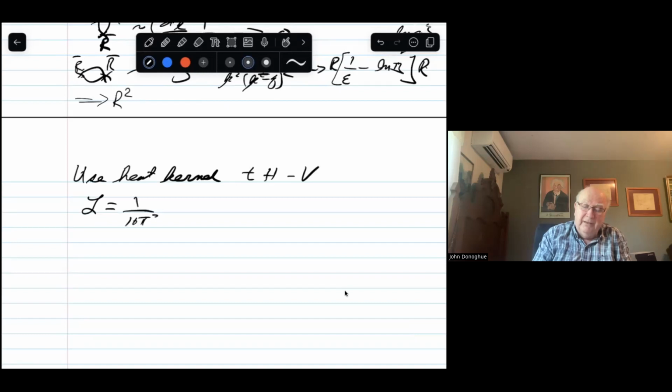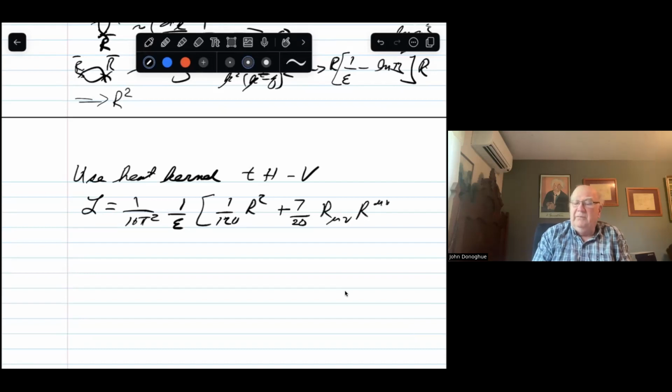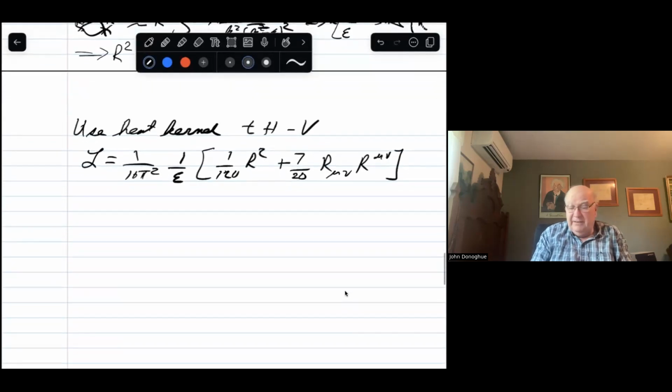The divergence is 1 over epsilon times 1/120 R squared plus 7/20 R_mu nu squared. It doesn't make that much difference what the coefficients are, but these things just produce a shift in C1 and C2, and you absorb them into the so-called measured values.